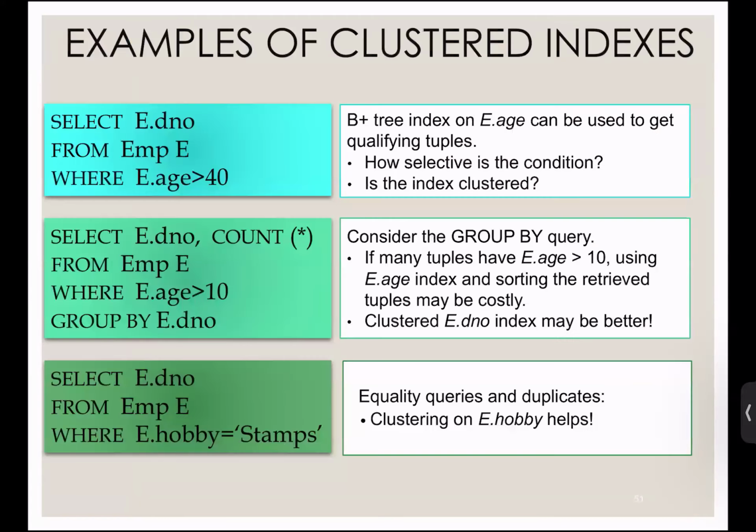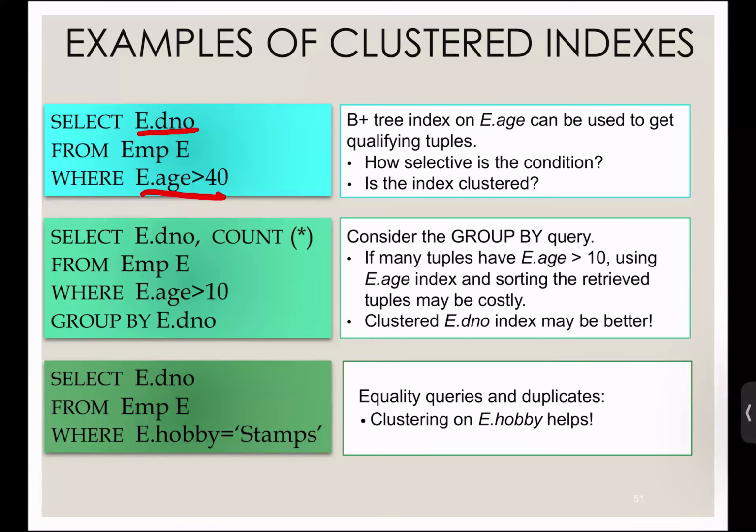Okay, now let's take a look at examples of some indices. For the first one, if you look at the query, I want to display the department number of employees whose age is greater than 40. Okay.